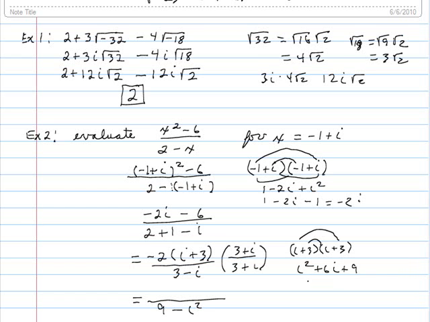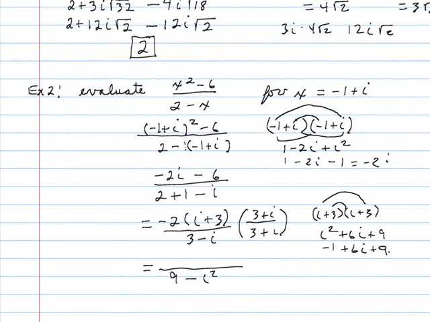Well, my i squared is negative 1, so what I get is 8 plus 6i in complex number form. So on the top I have negative 2 times 8 plus 6i.